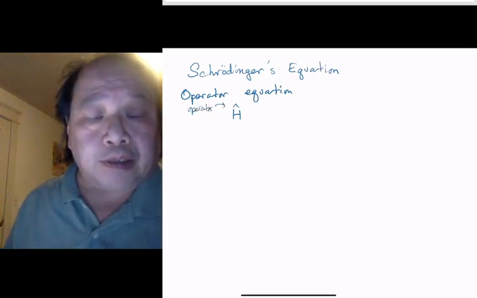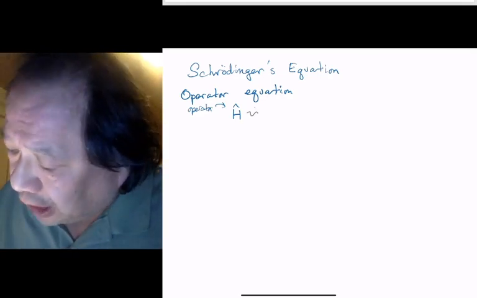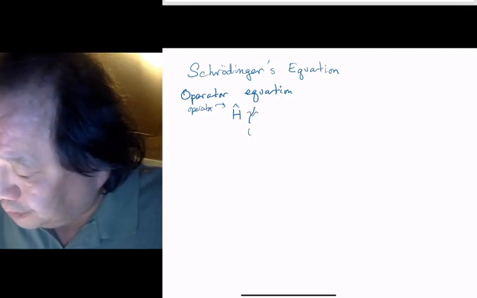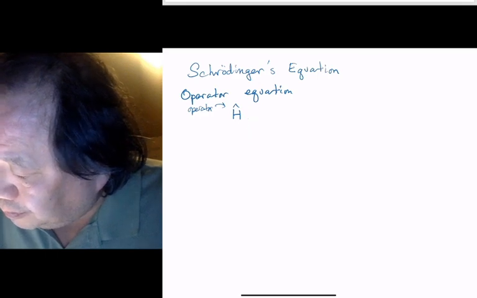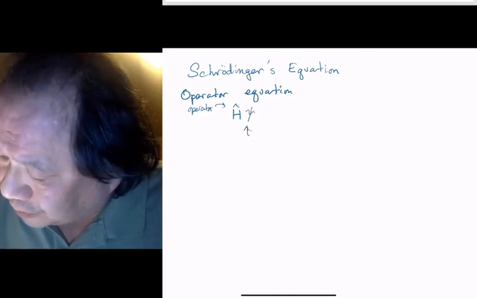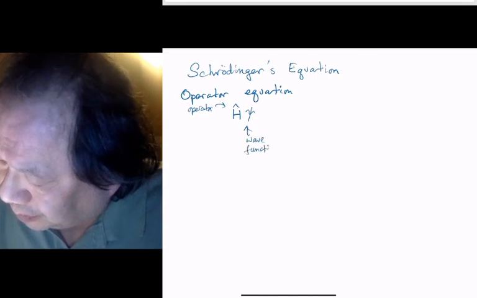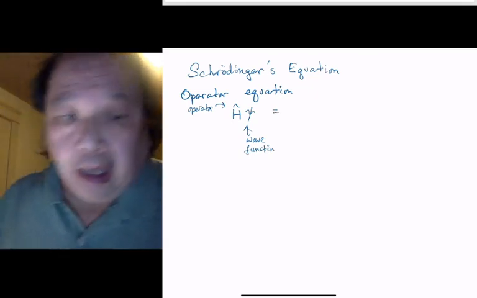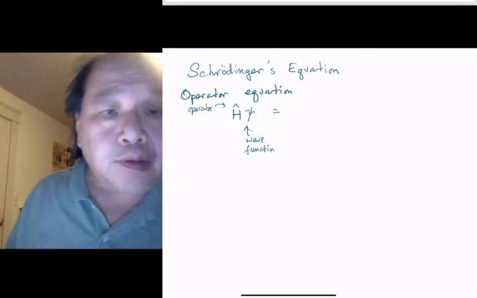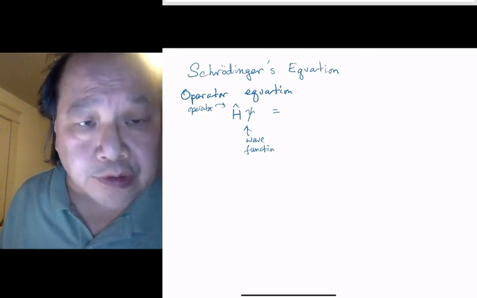An operator means it acts on things. Psi is a wave function, and the operator on the wave function changes the wave function.